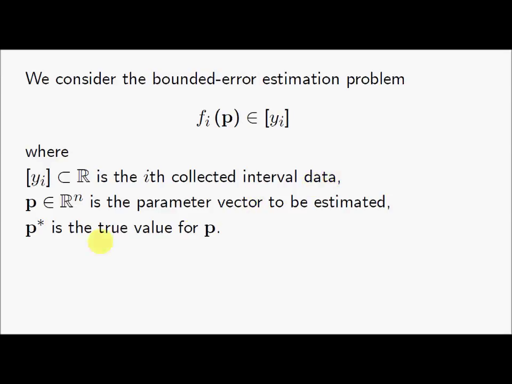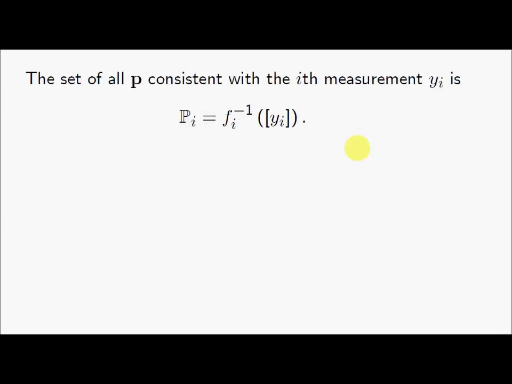I will also note by p star the true value for the parameter vector p. And the objective is, from all these measurement intervals, to estimate the true value p star for p.